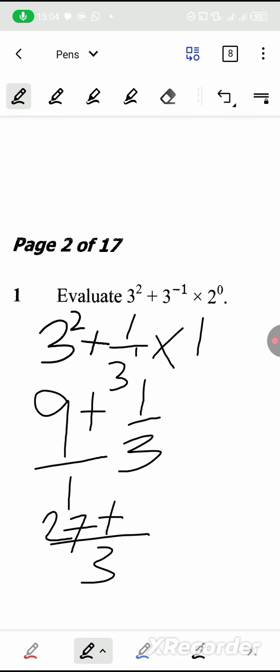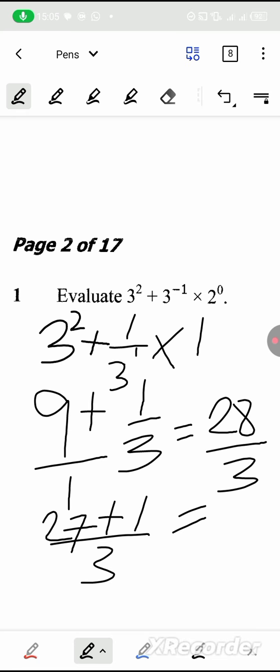Then 3 into 3 is 1, and 1 times 1 is 1. You say 3 into 3, then you multiply the answer by the numerator, which in this case is 1. So equals 27 plus 1, which is 28 over 3.